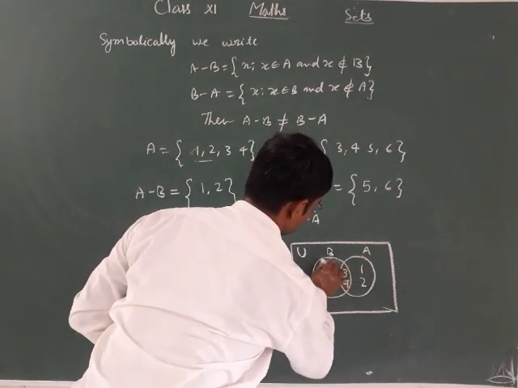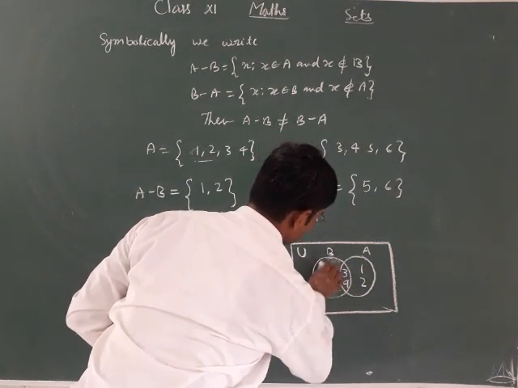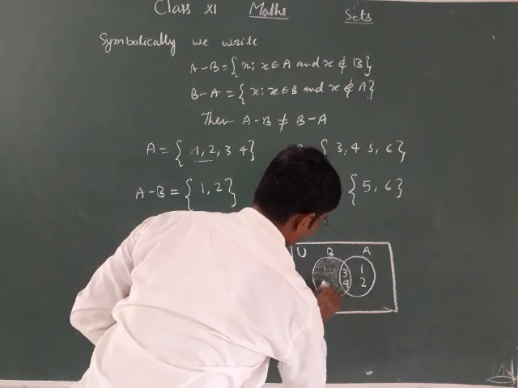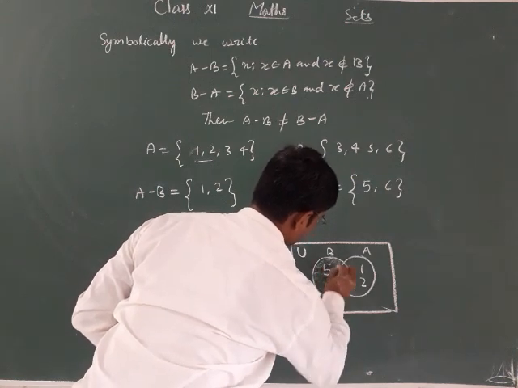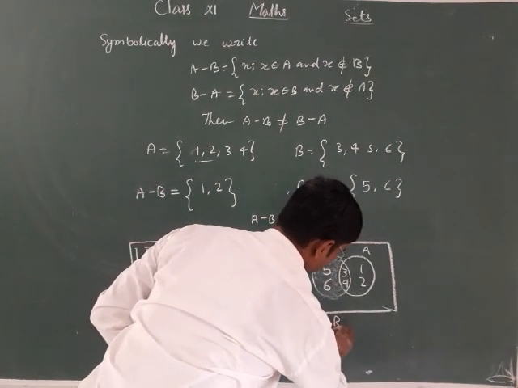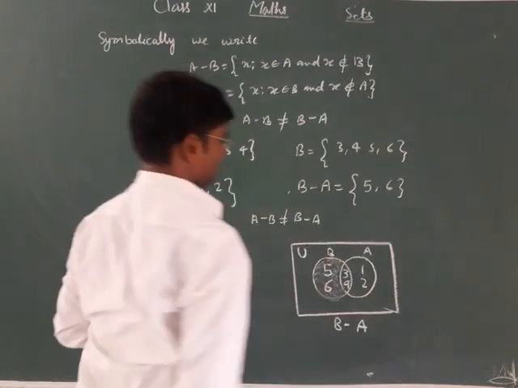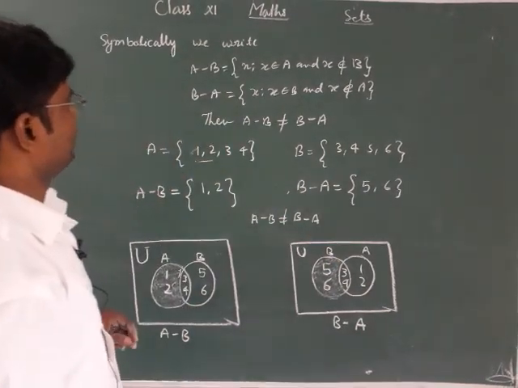This shaded portion is called B minus A.